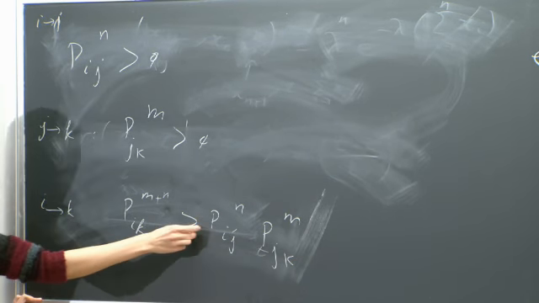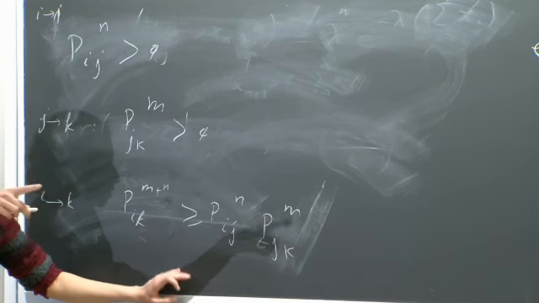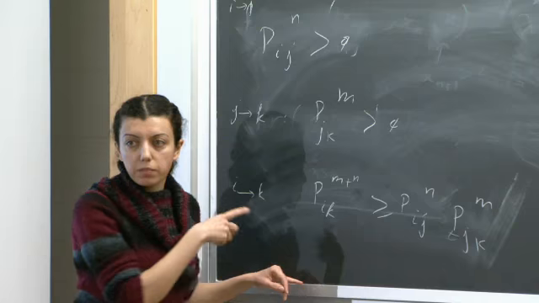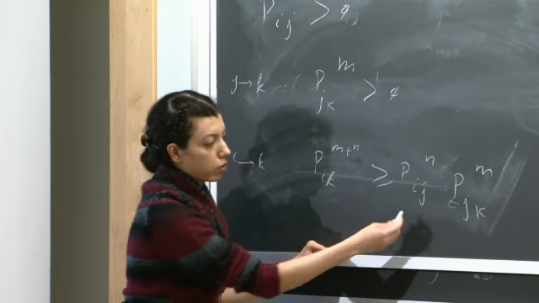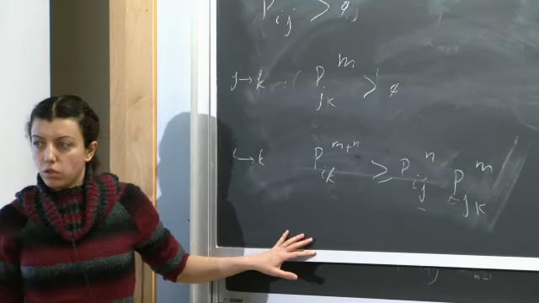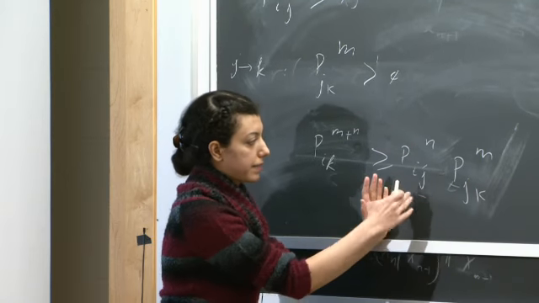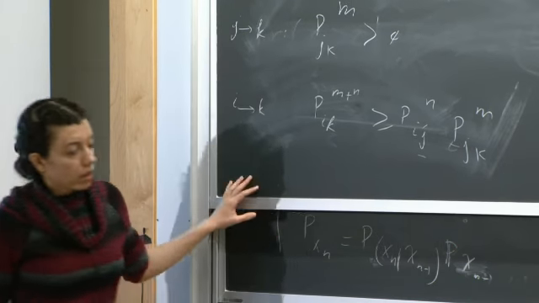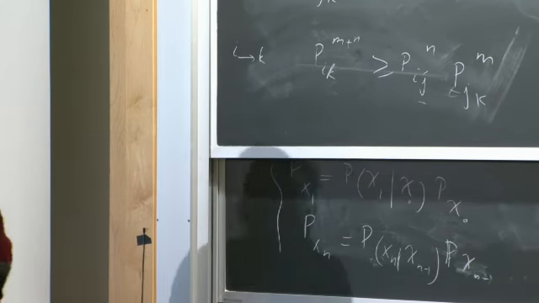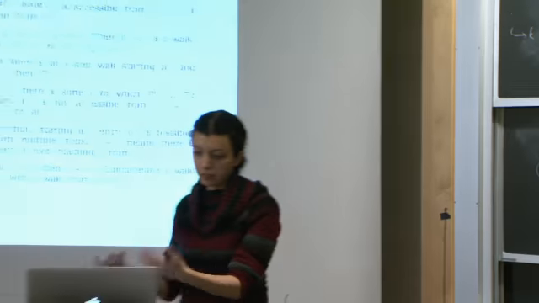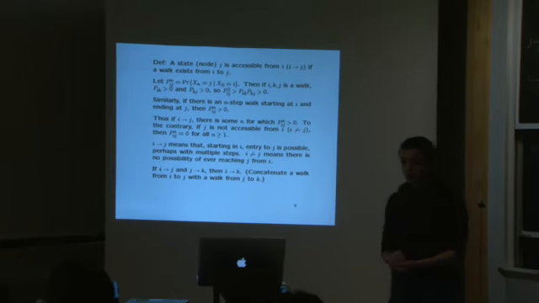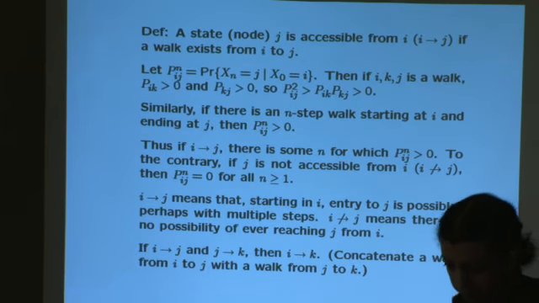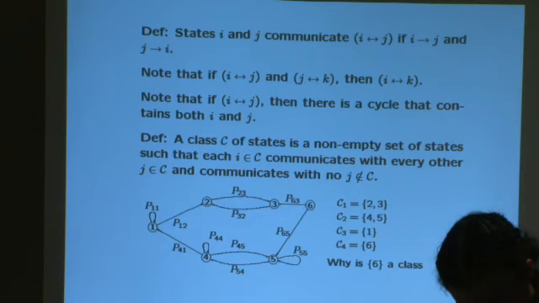I have this inequality because there might be other paths from i to k, except the walks going through j, or except the walks that have n steps to get to j and m steps to get to k. So we can concatenate the walks: if there's a walk from i to j and j to k, we have a walk from i to k.